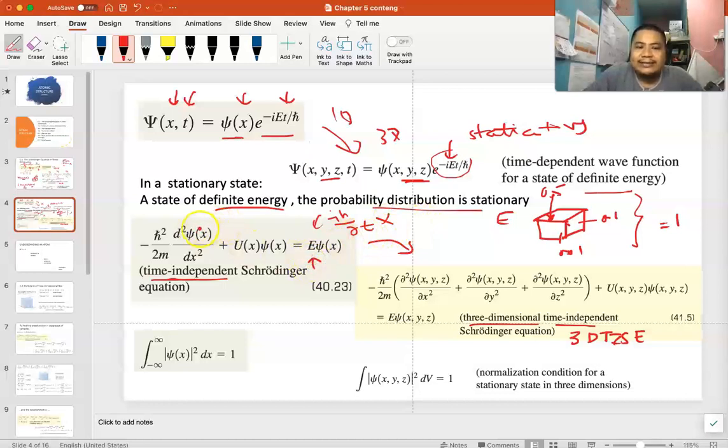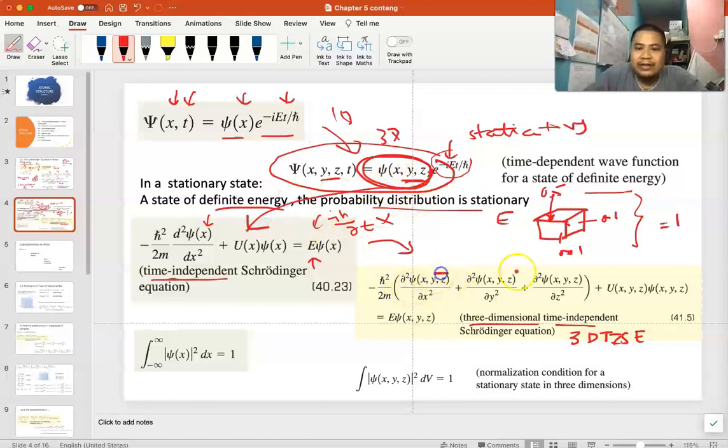Alright, so we want to extend into 3 dimension. What we have to do is that we include this y and z direction. So we have to change because this is our new wave function. We have to include that into this equation so that we have to modify.